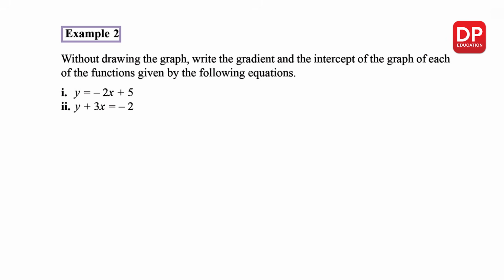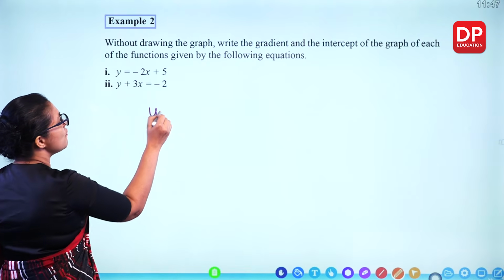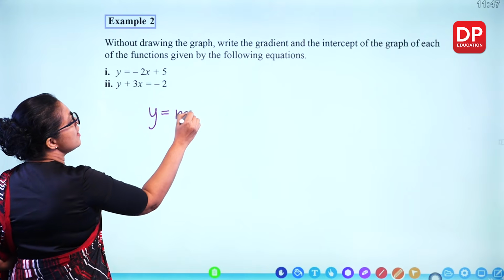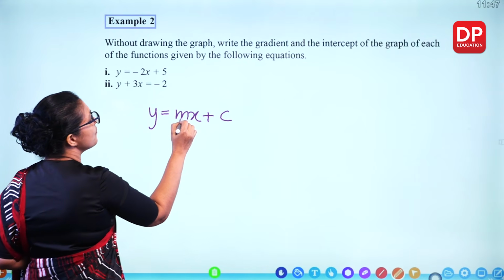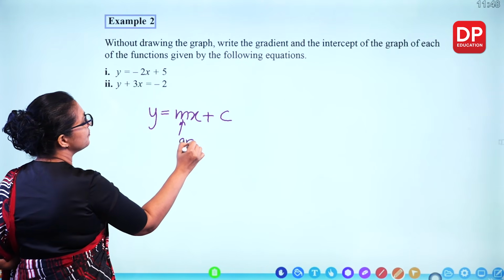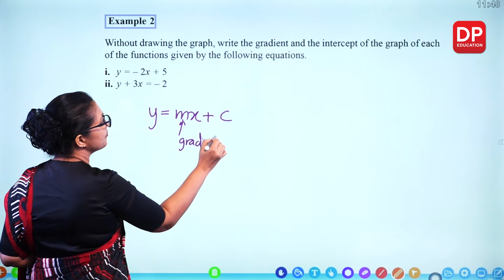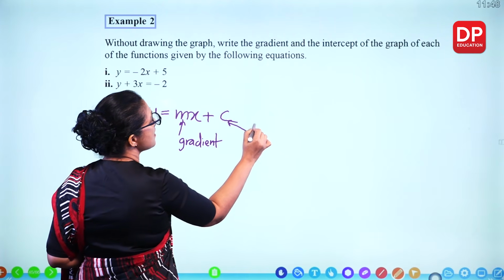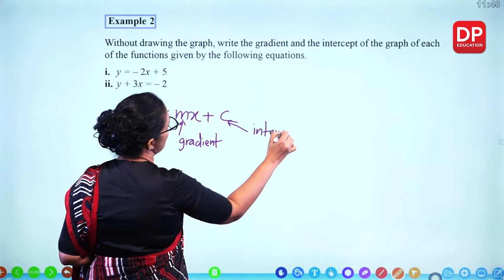Example number 2. Without drawing the graph, write the gradient and the intercept of the graph of each of the functions given by the following equations. So we know that if you rearrange in this order, this is the gradient and this is the intercept, y-intercept.